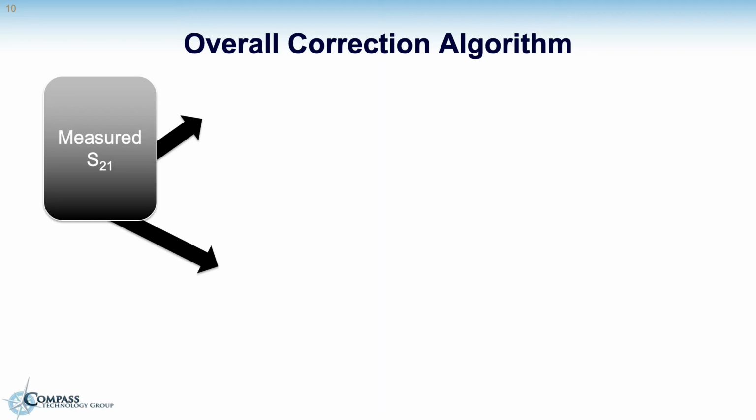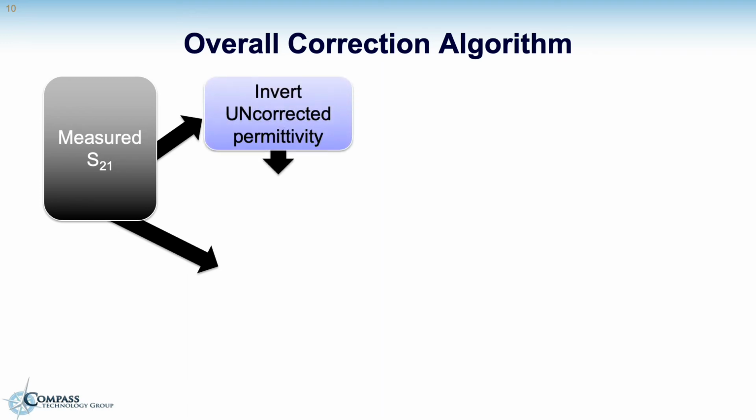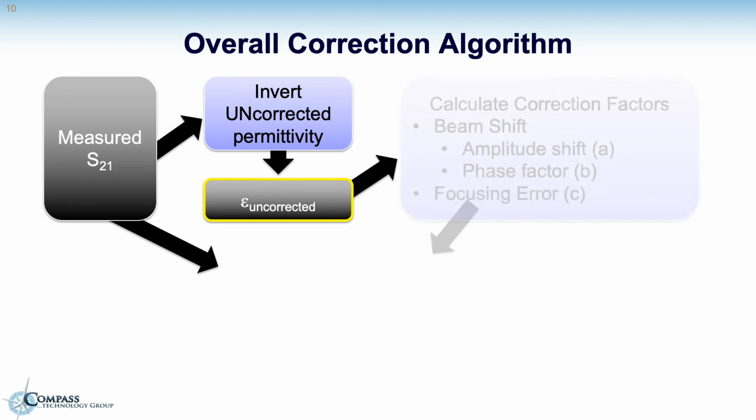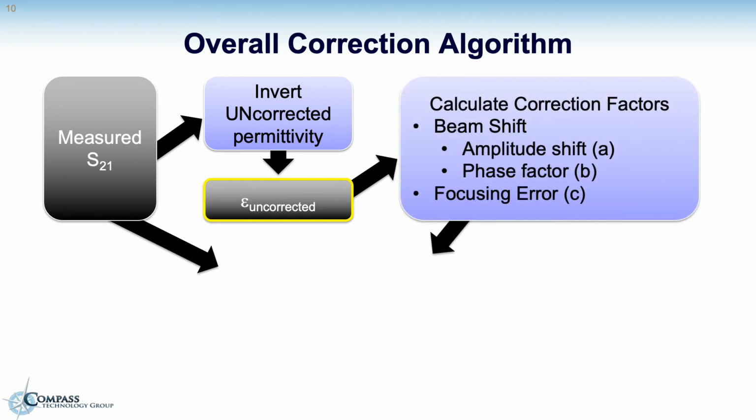So essentially we measure S21, that's our transmission coefficient. We first estimate our permittivity by inverting it using the standard methods I talked about way back at the beginning, and that gives us a sort of uncorrected permittivity. And then we use that uncorrected permittivity to calculate the correction factors, both from the beam shift and from the focusing effect.